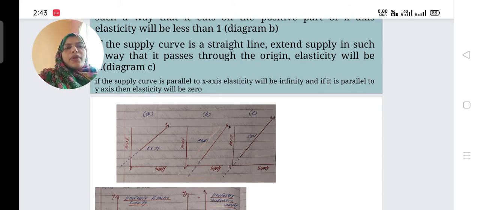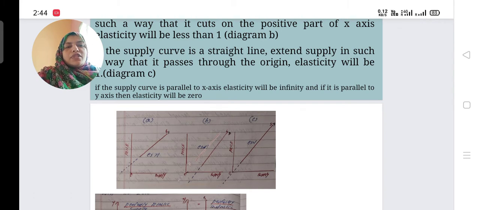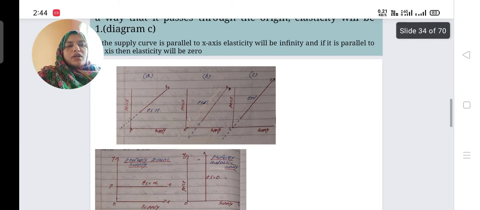If the supply curve is a straight line, extend it in such a way that it passes through the origin. Elasticity will be 1. Diagram C. If the supply curve is parallel to the x-axis, elasticity will be infinity, and if it is parallel to the y-axis, elasticity will be 0. In the third case, elasticity will be 1.